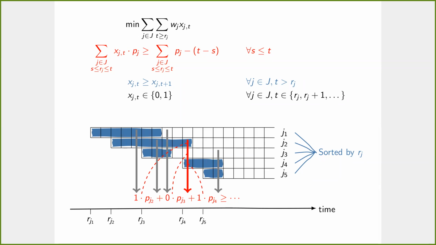Okay, but here you define a ray as a time and a job, right? It's two-dimensional. Yes, essentially you define it by a time and a job, so one of these squares, and then it will go all the way to the bottom.